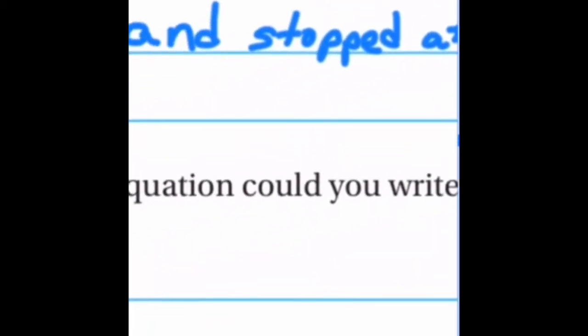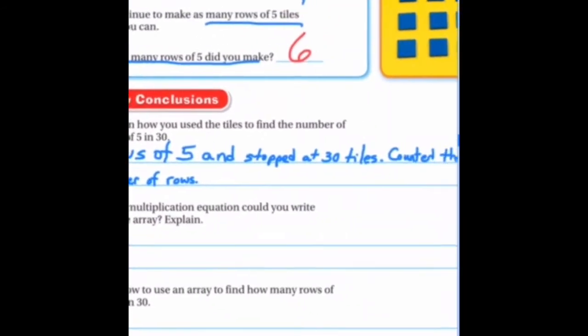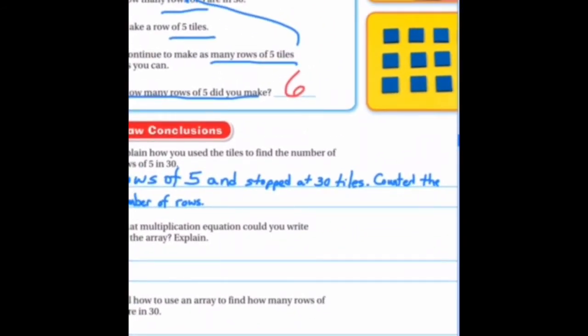And then, I counted the number of rows. There we go. So we made rows of 5 and stopped at 30 tiles. We counted the number of rows.